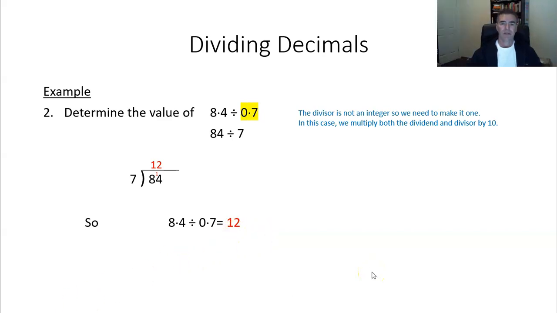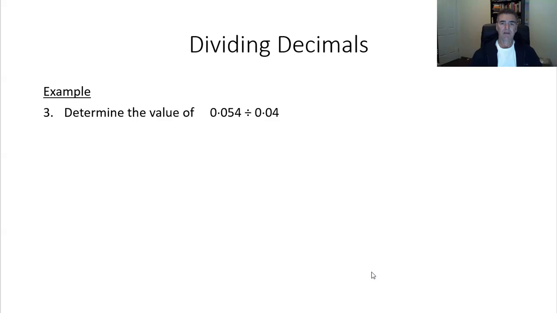So let's look at a third example. 0.054 divided by 0.04. Our divisor here is not an integer, so to make it an integer, I need to multiply. There are two numbers after the decimal point, so I need to multiply it by 100. Two zeros in 100, so I've got to move it 2 places to the right.